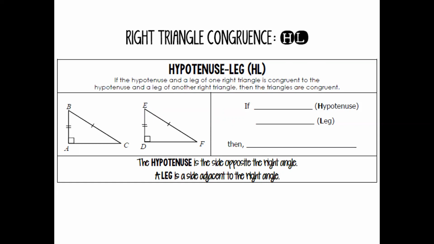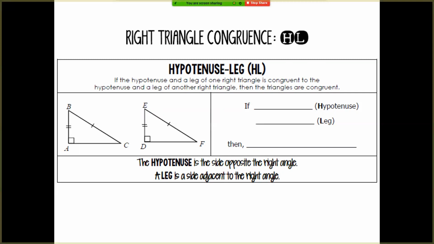So if we look at this diagram, we have if the hypotenuses are congruent. So my hypotenuse on the left triangle is BC. It's congruent to the hypotenuse on the right triangle, EF. And then the leg is just one of the other two sides. So BA congruent to ED.